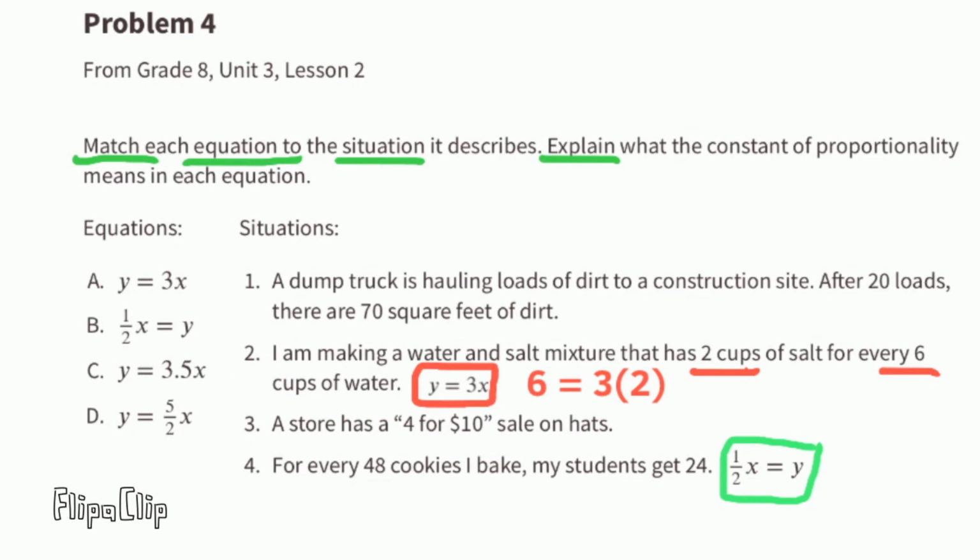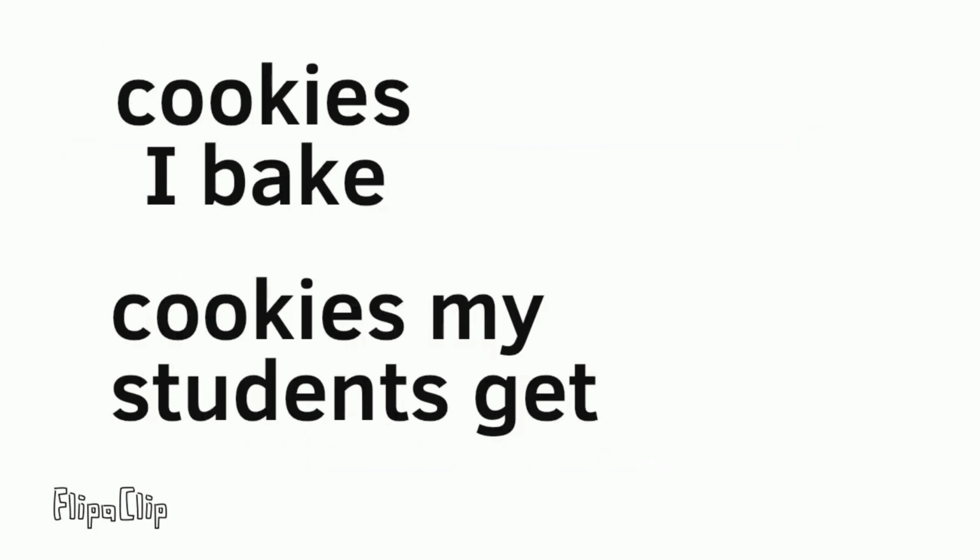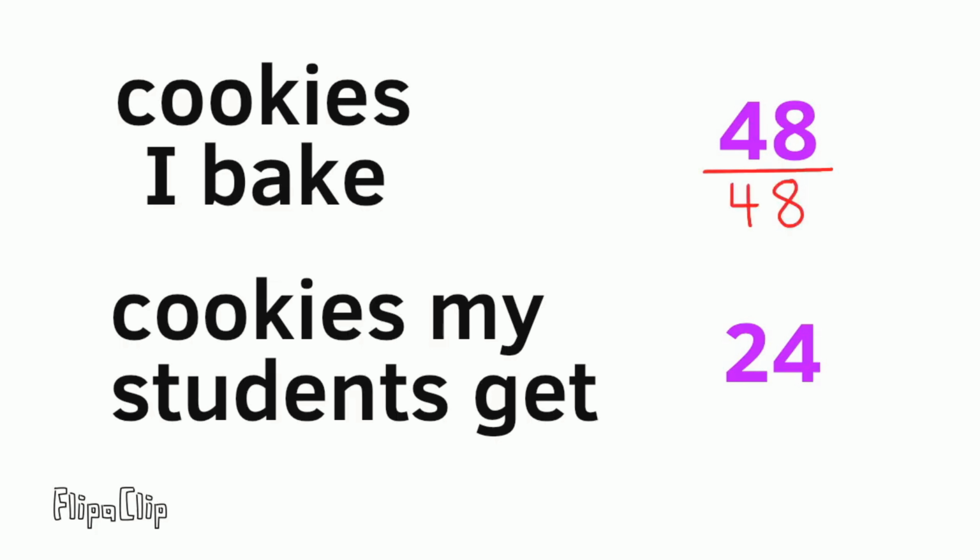Equation B could match situation 4. For every 48 cookies I bake, my students get 24. There are the cookies I bake and the cookies my students get. When I bake 48 cookies, my students get 24 cookies. 48 divided by 48 equals 1. 24 divided by 48 equals 1/2.